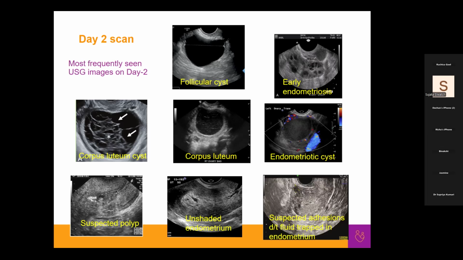In the first picture, there are some blood clots or solid-mass-like areas. Here we can suspect a polyp, although we cannot completely say it is a polyp. Exact identification of a polyp is done only once the endometrium is fully prepared. So this could be a suspected polyp, and we will have to look again in the coming days.